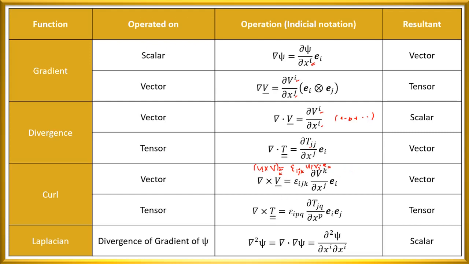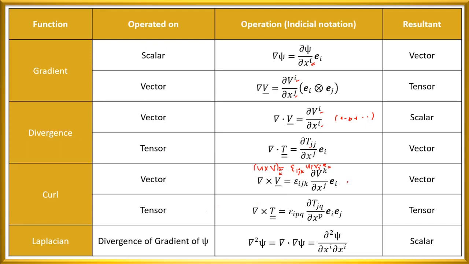Here, just the u is replaced by another product, that is dou by dou xj. Therefore, we have epsilon ijk vk in the direction of ei, that is dou by dou xj of vk.